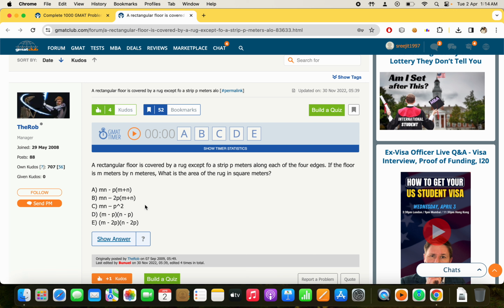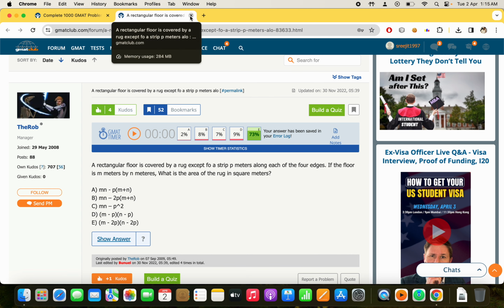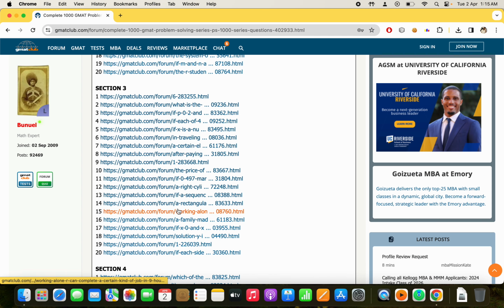So I think M minus 2P and into N minus 2P. I think E can be the answer. Yeah, E is the answer basically because we can deduct P from both sides, four sides, from the length and the breadth part. So it makes M minus 2P and N minus 2P. And then multiply for the area. So that will give you this answer.